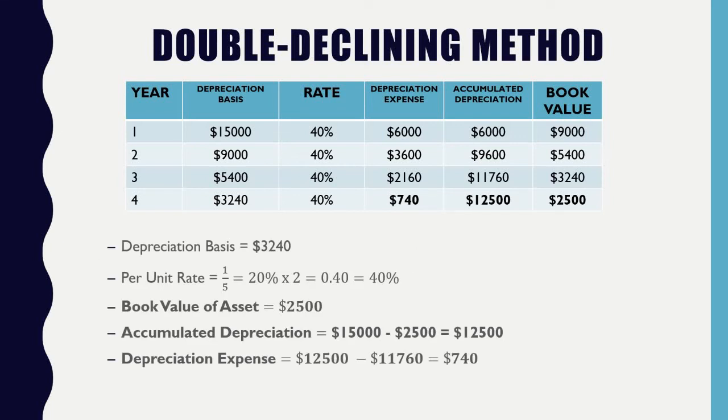And that's what I need to do. If my salvage value falls below book value, I need to work backwards to solve for my depreciation expense for the end of its last year. Okay, so that's the rule here.